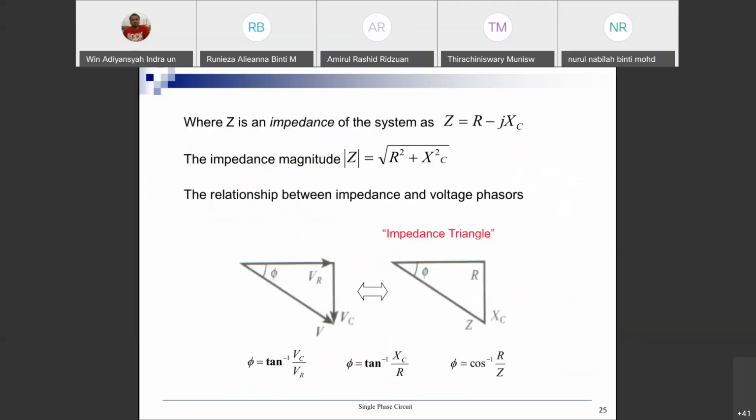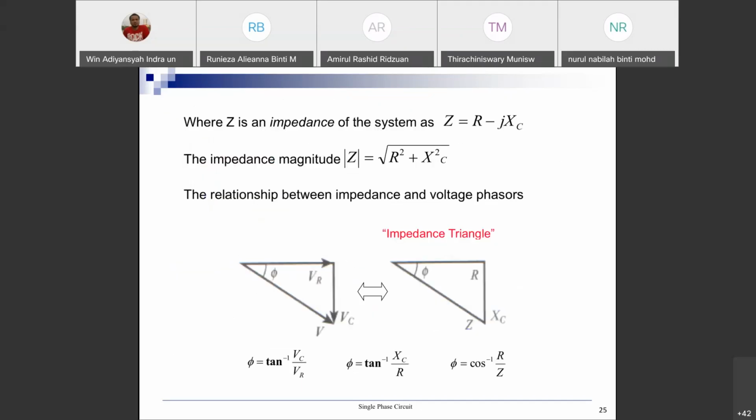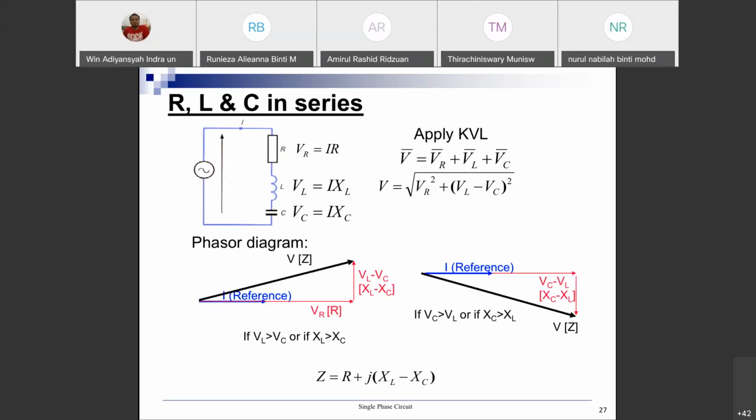Let me go to okay here. Just to give you some insight. Why is it minus here? Well, let me go through this one first.